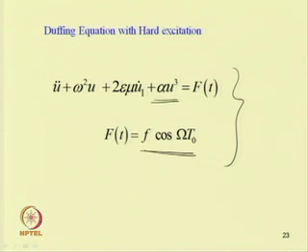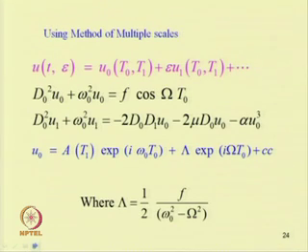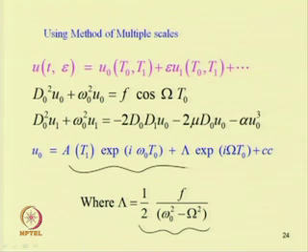Now, in the case of the Duffing equation with quadratic nonlinearity, we have taken the hard excitation, that means the forcing term and the coefficient of the linear part are of the same order. If they are of the same order, then when we use the method of multiple scales, this term will appear in the order of epsilon, and so we can have the particular solution in addition to the free vibration term, or the complementary part of the response.